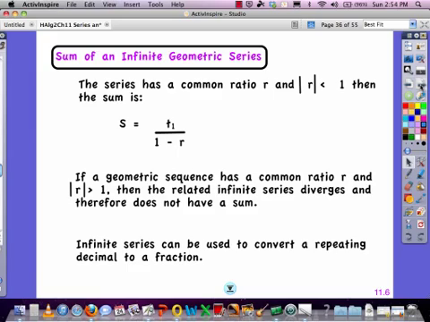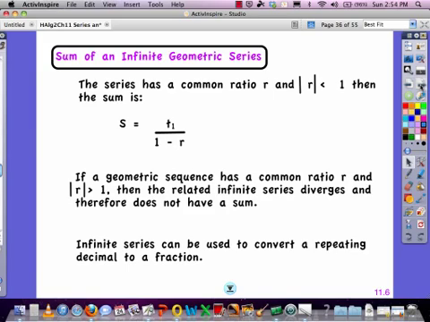So if a geometric sequence has a common ratio whose absolute value is greater than 1, then the related infinite series diverges and therefore does not have a sum. So the key is that you have that common ratio r, which we should be able to find in all our geometric sequences, and that the absolute value of r is greater than 1.